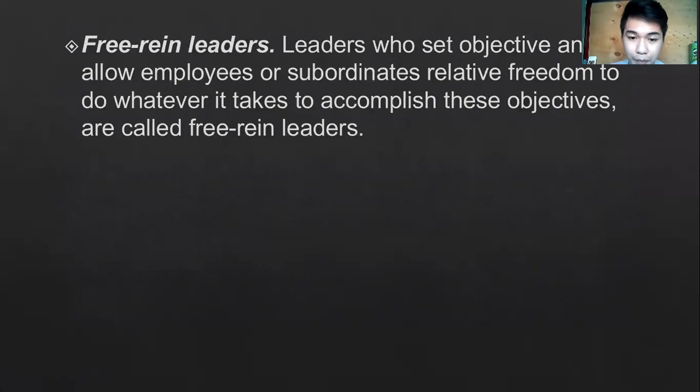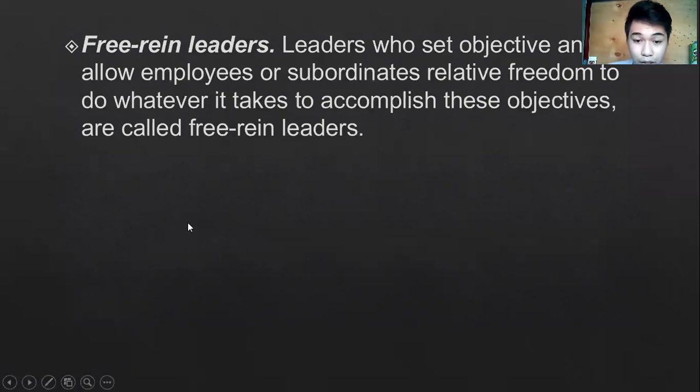If free reign leadership fits the situation, there is full managerial delegation, resulting in optimum utilization of time and resources. This happens because many people are motivated to full effort only if given this kind of free reign. But free reign leaders have a weakness.